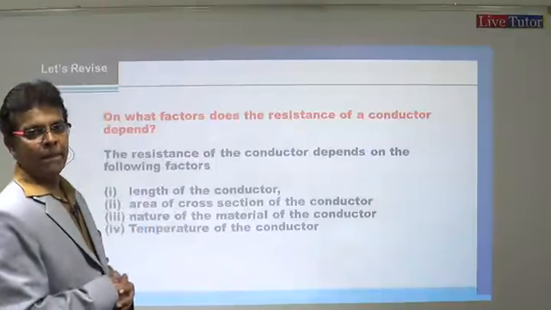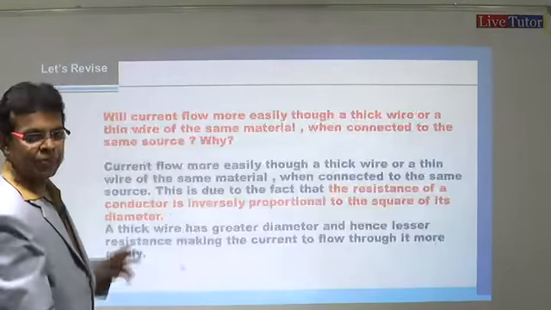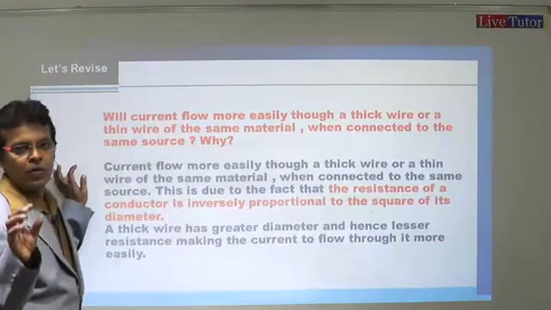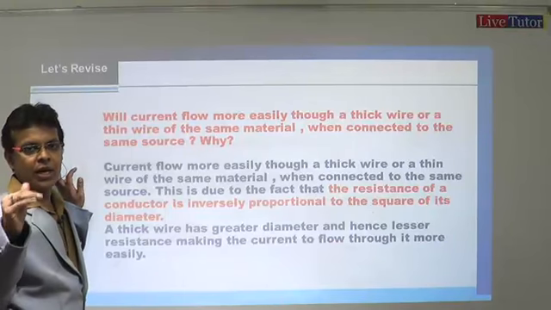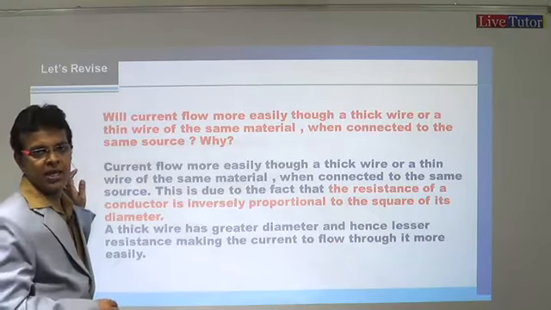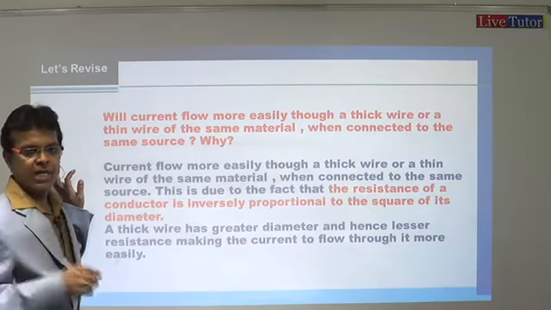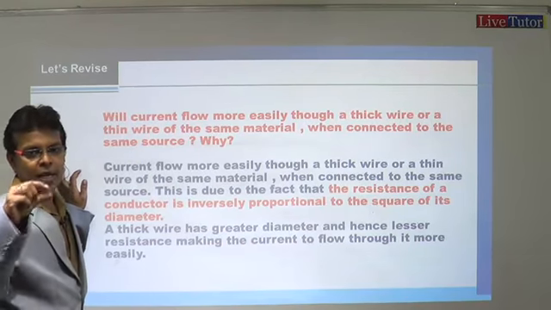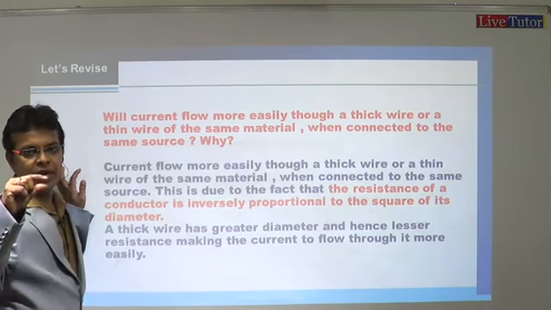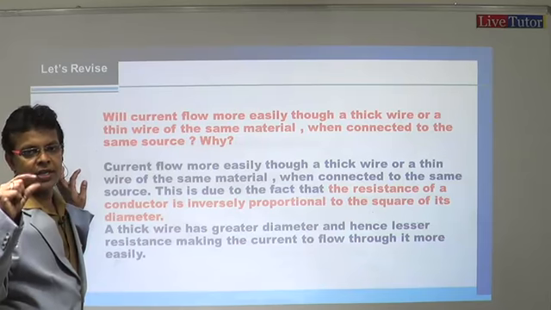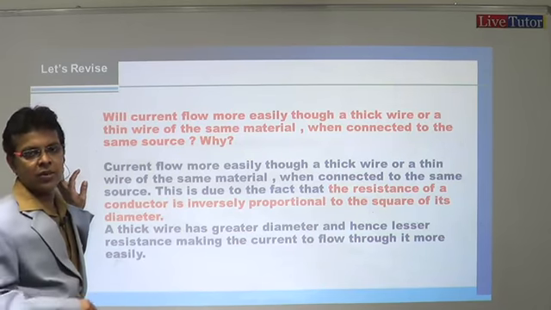Okay, right. The next one, will current flow more easily through a thick wire or a thin wire of same material when connected to the same source? Why? That is the question. We have discussed this point. If the thick wire is there, that thin wire has got a lesser area of cross section. Thick means the area of cross section is more. Right?